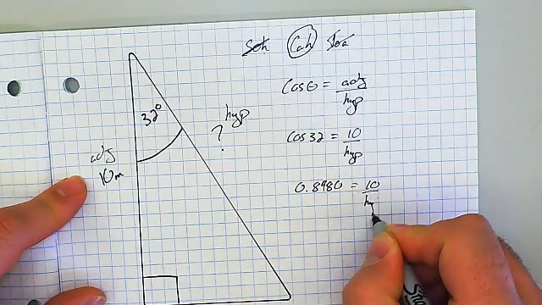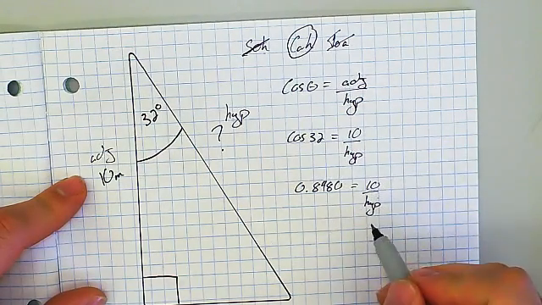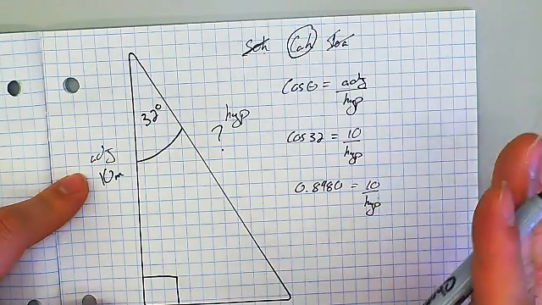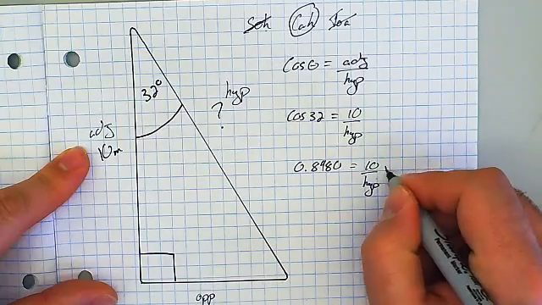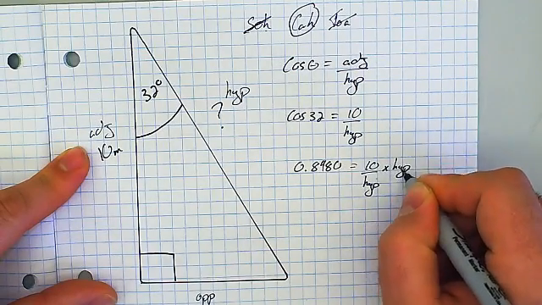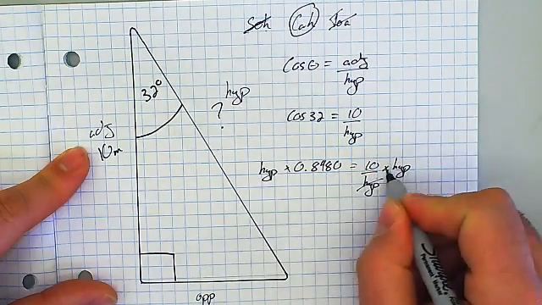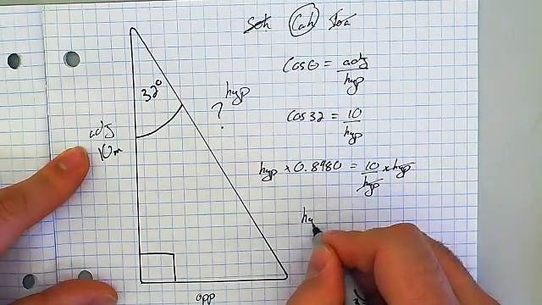That's going to equal 10 divided by our unknown hypotenuse. At this point in time, we have to get the hypotenuse by itself. We could do the shortcut, and if you understand that, perfect. For those of you who don't, I'll go with the slow method. I'm going to multiply both sides by the hypotenuse. Again, our goal is to get the hypotenuse by itself.